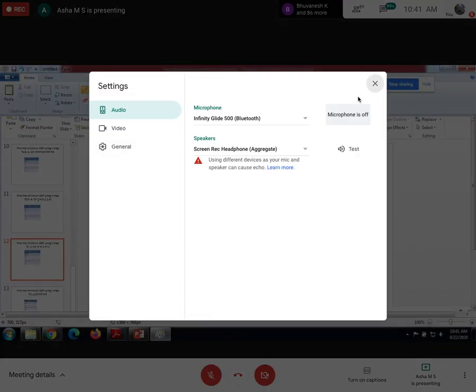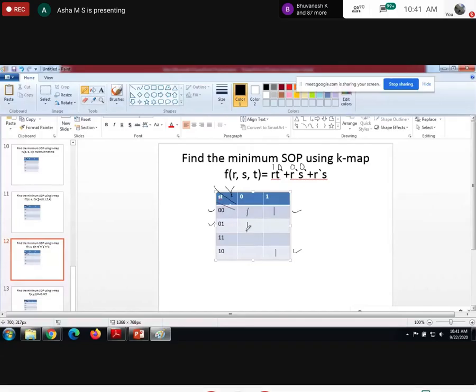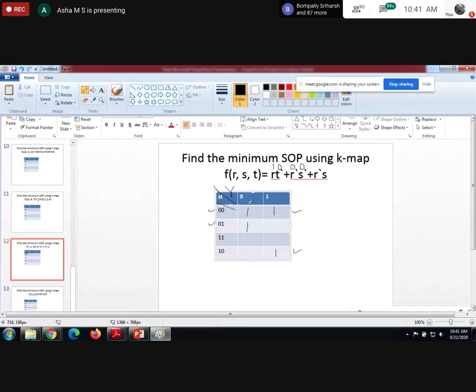Next, R equal to 0, S equal to 1. R equal to 0 in this column, S equal to 1 in these two rows. With any value of T, place 1 here. So the remaining cells will be 0.